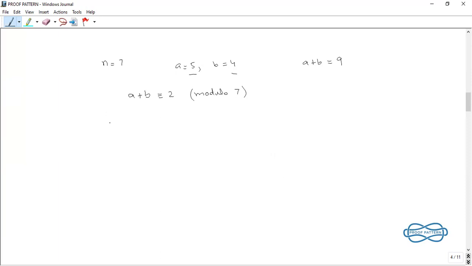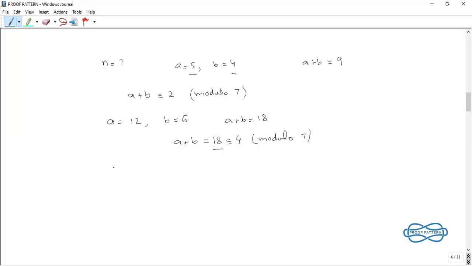Or if we take a equal to 12 and b equal to 6, we get the ordinary sum a plus b equal to 18. That is actually congruent to 4 modulo 7, because whenever we divide 18 by 7, we get the remainder 4.